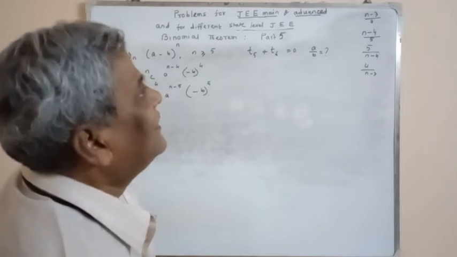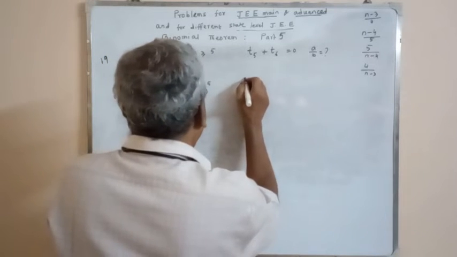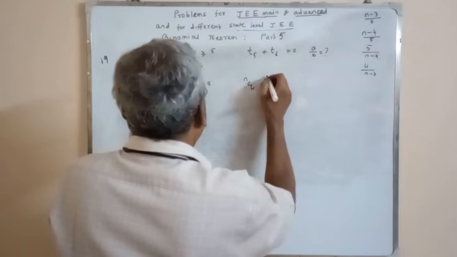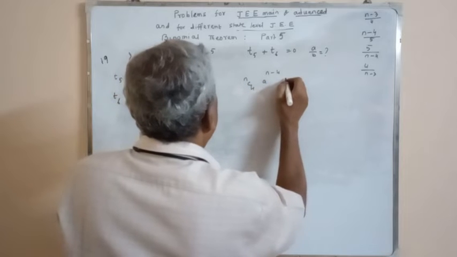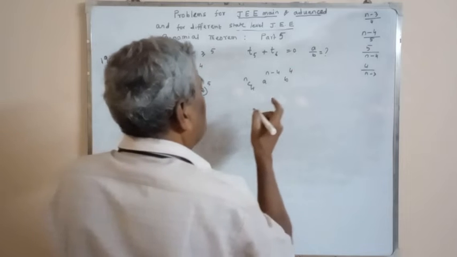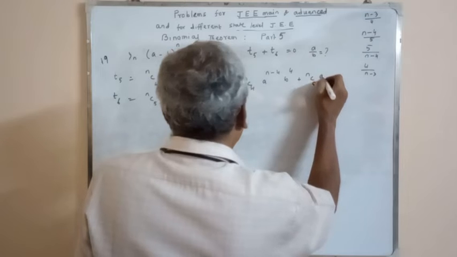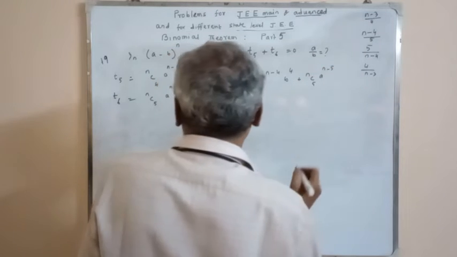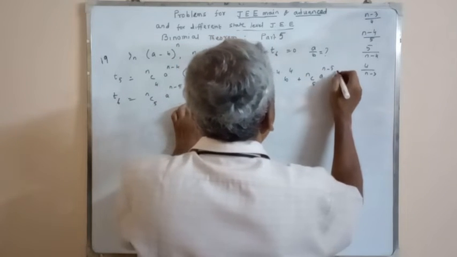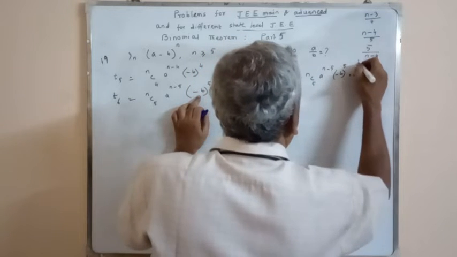So we are given that their sum is 0. So we have nC4 a to the power n minus 4 into b to the power 4, because (minus b) to the power 4 is positive, plus nC5 a to the power n minus 5 (minus b) to the power 5 is equal to 0.